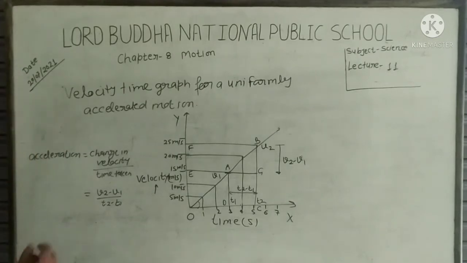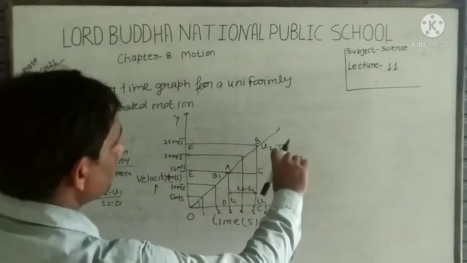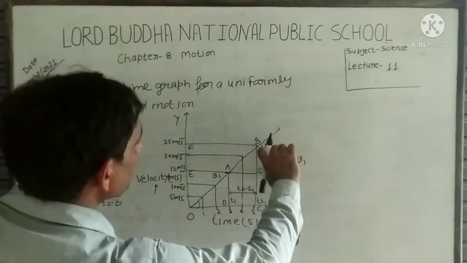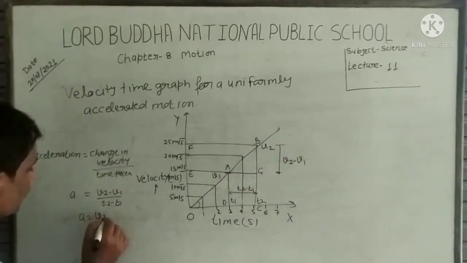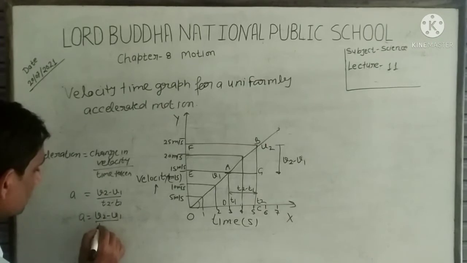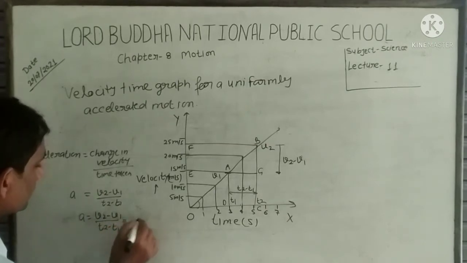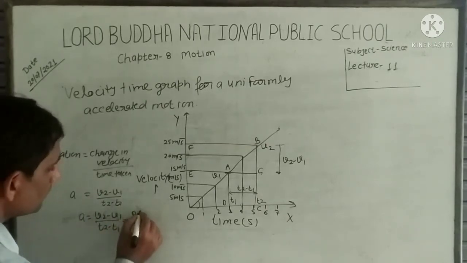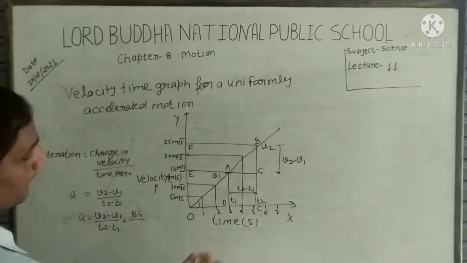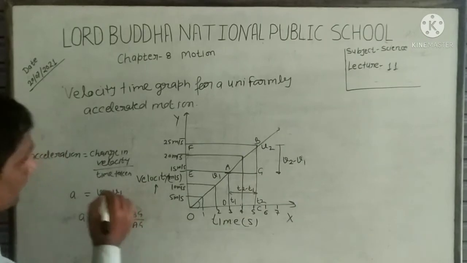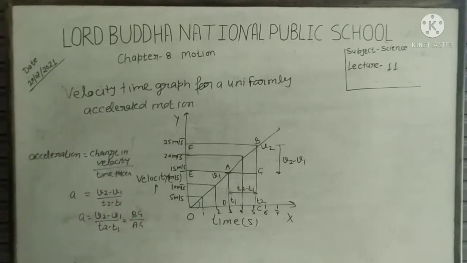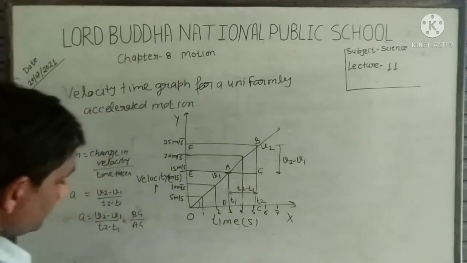Now acceleration is given by a equal to v2 minus v1 upon t2 minus t1, and we say that v2 minus v1 is represented by BG. We can write here v2 minus v1 upon t2 minus t1 equal to BG, and t2 minus t1 is AG. This is AG. Clear?